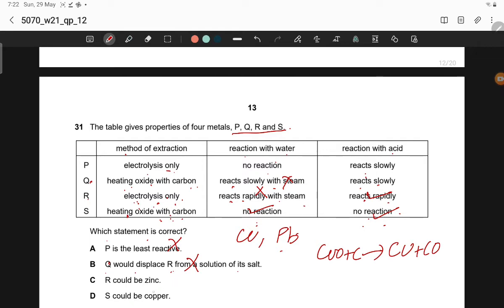R could be zinc. R reacts rapidly with steam, reacts rapidly with acid.